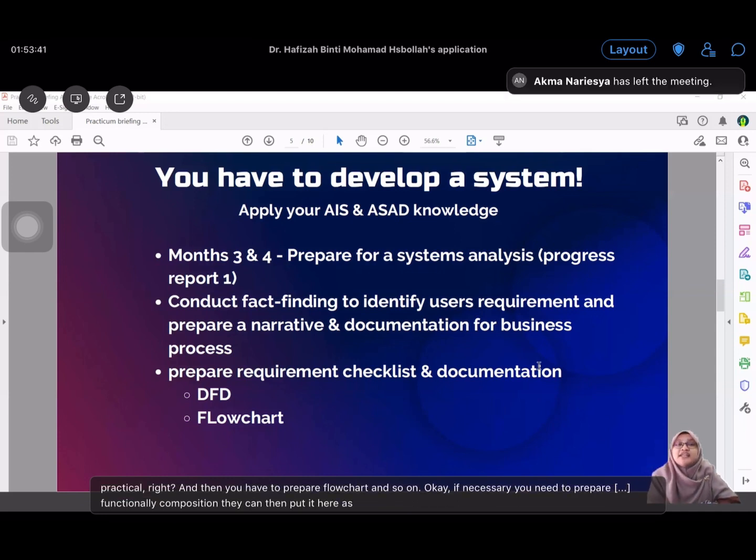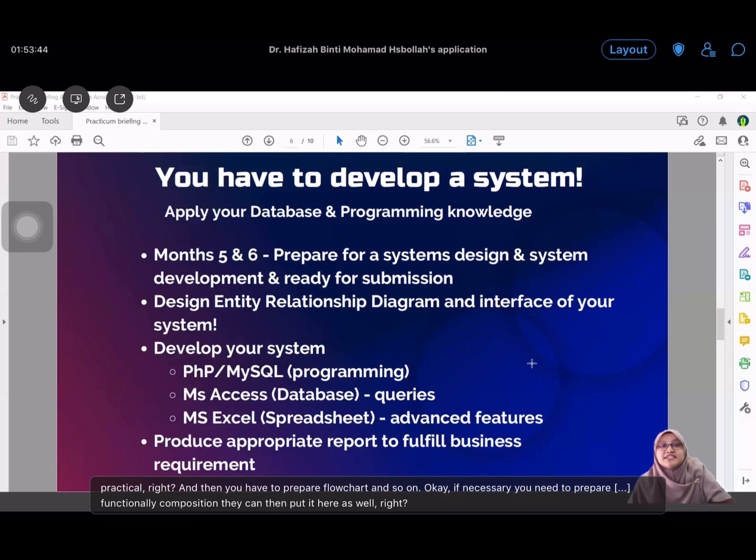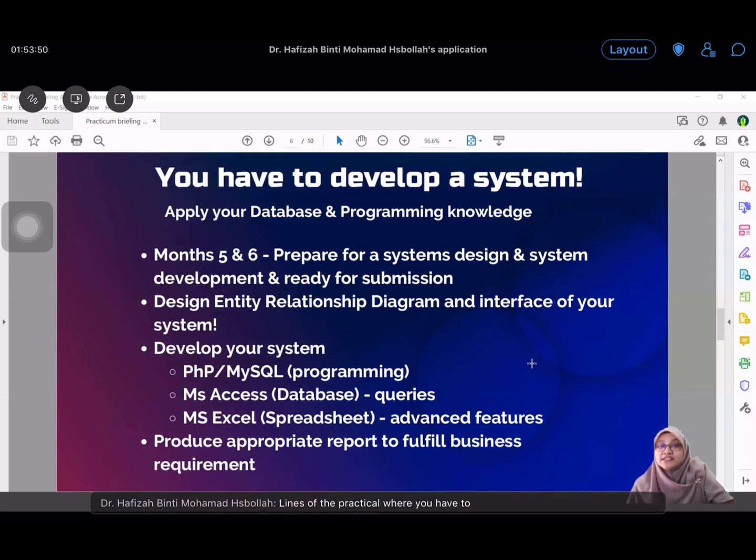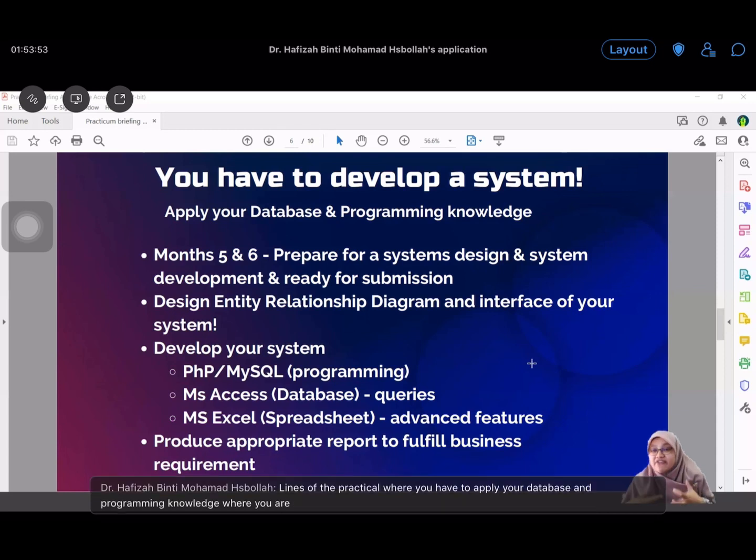Alright? Next, towards the end of the practicum, you have to apply your database and programming knowledge, where you are developing the physical design of the system. Months 3 and 4, you prepare the conceptual or logical design.